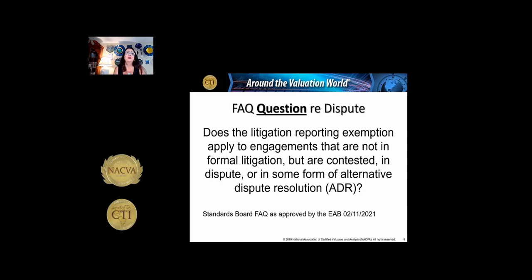The second question that we wanted to talk about today is also in the area of disputes, and that is, does the litigation reporting exception apply to engagements that are not formal litigation, but are contested in dispute or in some form of alternative dispute resolution?